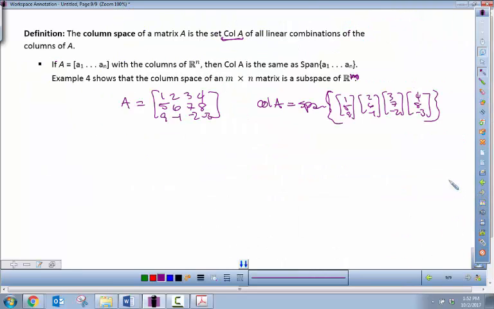So can 4 of these vectors be linearly independent? It's in R3, so this column space is a subset of R3.